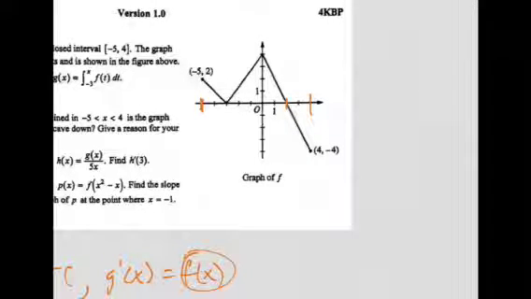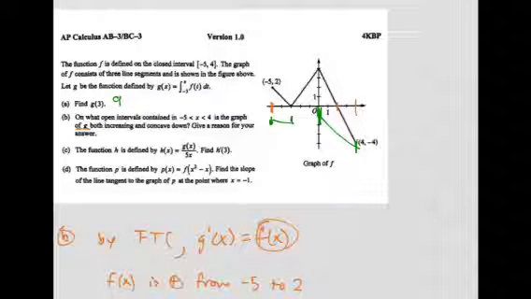So concave down would be, well, I'll do it in a different color, green, -5 to -3, and then 0 to 4. So they overlap there and there.